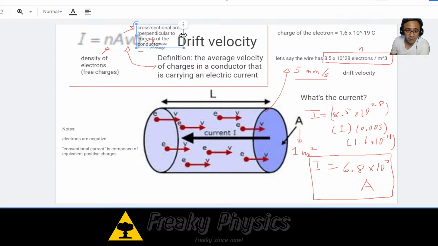Yes, V is the drift velocity. Q is the magnitude of the charge. Before I forget, this is current, electric current.